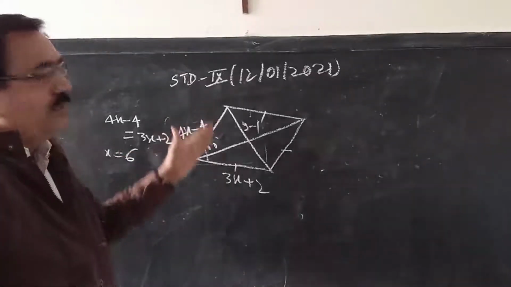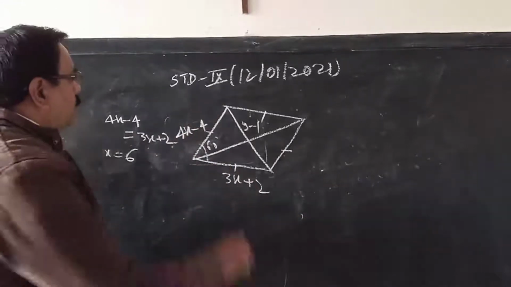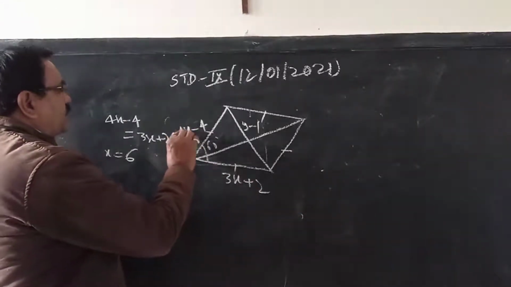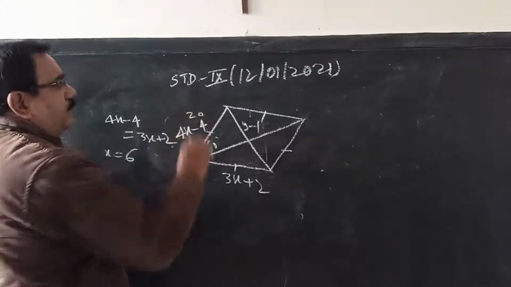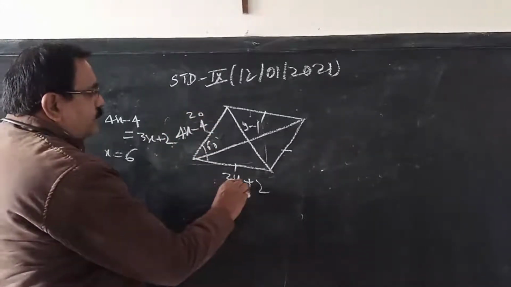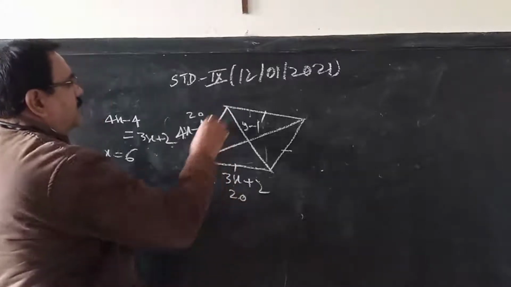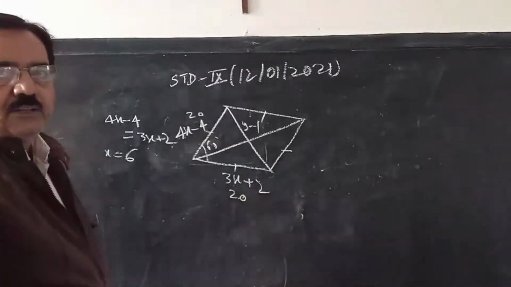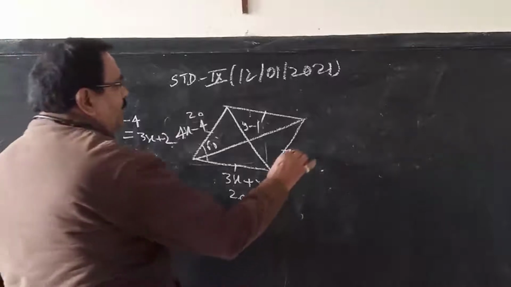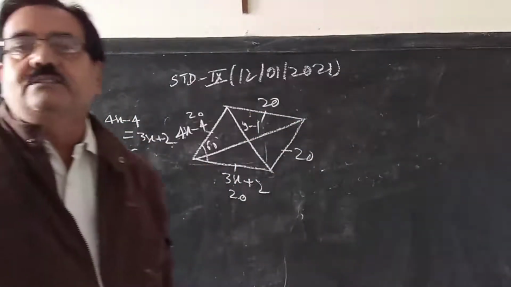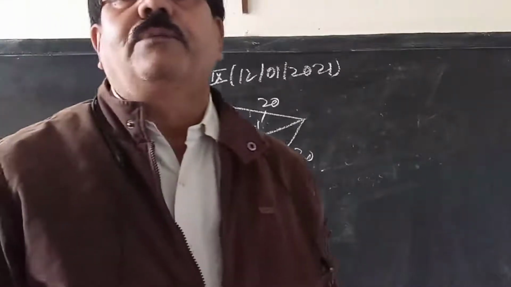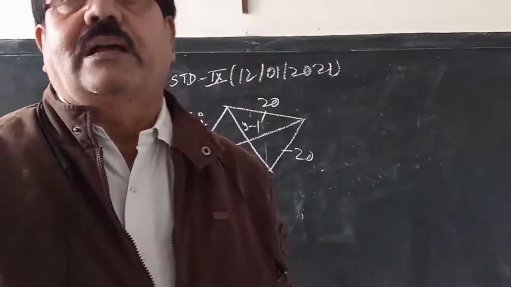Let's check whether it is actually equal. Put the value of x: 4 into 6 minus 4, 24 minus 4 means 20. 3 into 6 plus 2 means 20. This is 20, this is also 20. This proves it is right. So we have the value of x.